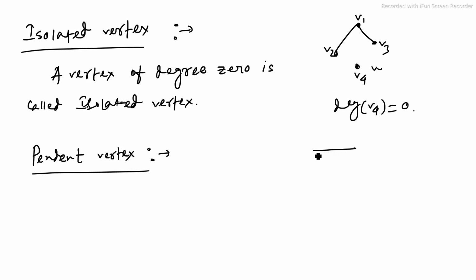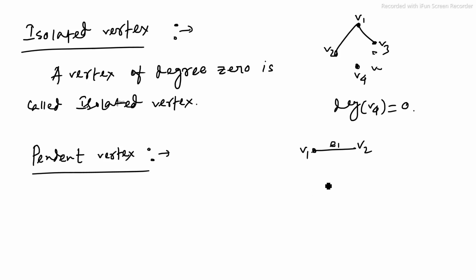This is also a graph where V1 and V2 are the vertices and only one edge is here. So these two vertices are pendant vertices because the degree of V1 is 1 and the degree of V2 is 1. Here the degree of V2 is 1, the degree of V3 is 1. That's why V2 and V3 are pendant vertices.